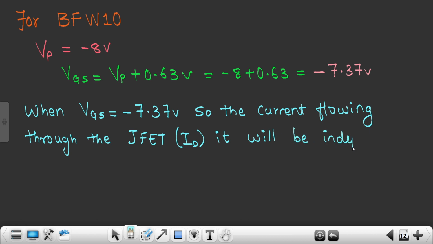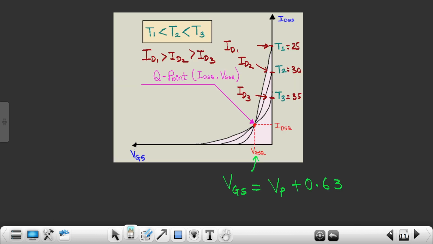Even if the temperature is increasing, the current flowing through the JFET will remain as it is, if we are biasing that particular JFET at this particular point.